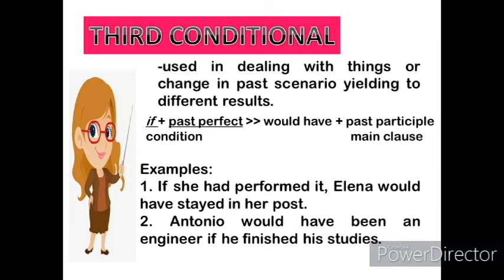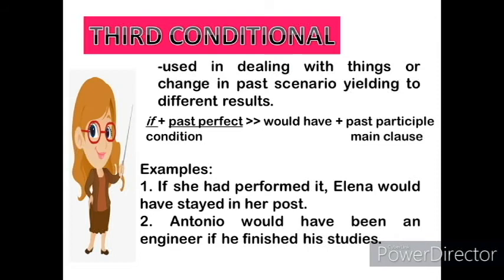The last type of conditional that we have is called third conditional. Third conditional is used in dealing with things or change in past scenario yielding different results. And it is formed using this structure. The condition should be if plus past perfect, and the main clause should be formed by using would have plus past participle.